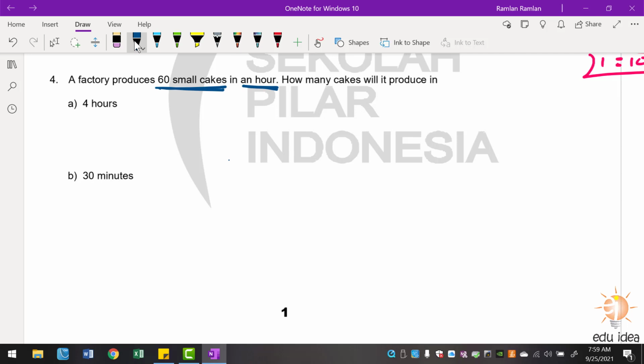So the easiest way to do this is, because we know that 60 is in 1 hour, which means that in 4 hours, it produced 60 times 4. 1 hour is 60, so 4 hours, just multiply that by 4. 60 times 4 is equal to 240 small cakes.